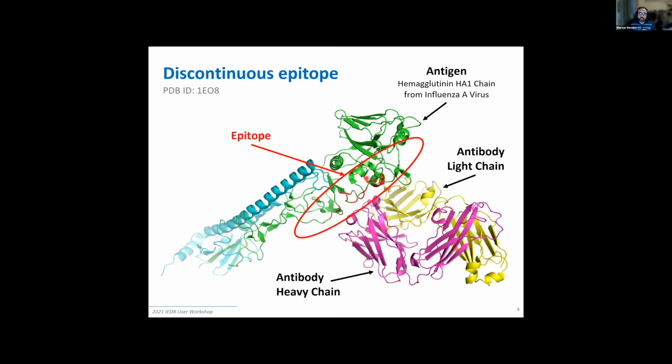Here, the epitope colored in red are the amino acids interacting with the antibody. These amino acids are being recognized by the antibody, triggering the response from that antibody.